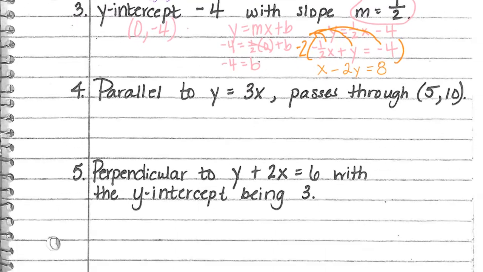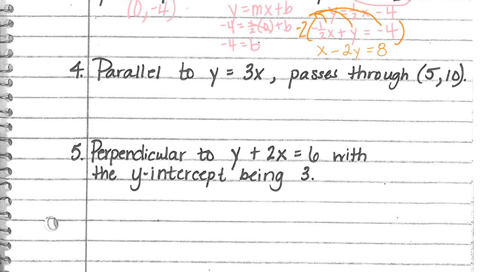Alrighty, the next thing we're going to talk about is parallel and perpendicular lines. A parallel slope, I'm going to write this over here. Parallel. A parallel slope is going to be the exact same number.